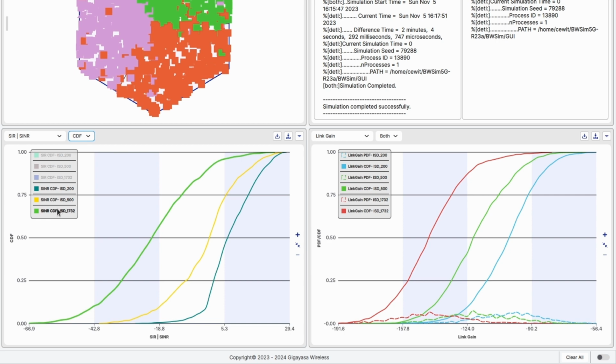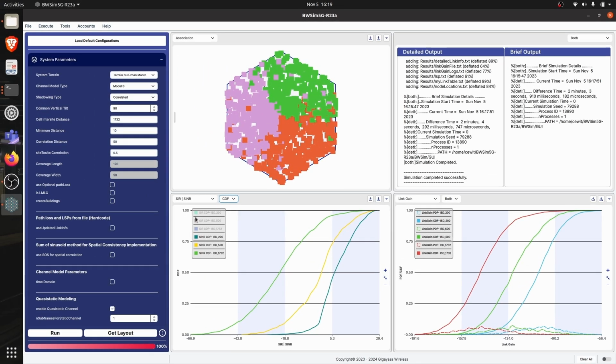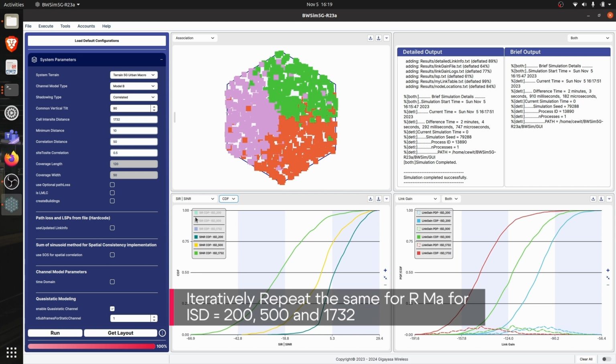Because of this reason, in the graphs which are based on averaging, we could see that as the size of the cell increases, the SINR performance deteriorates. Now that we have made this analysis for the urban terrain, let us repeat the same for a rural terrain.